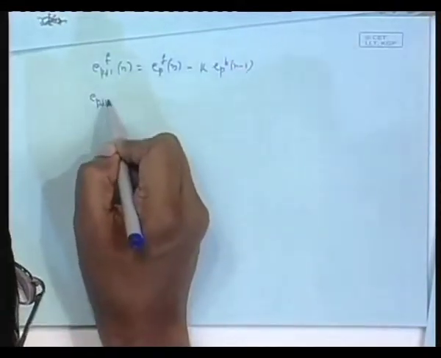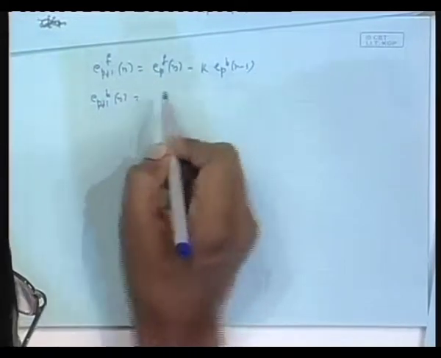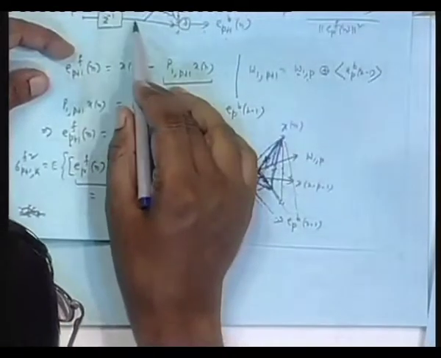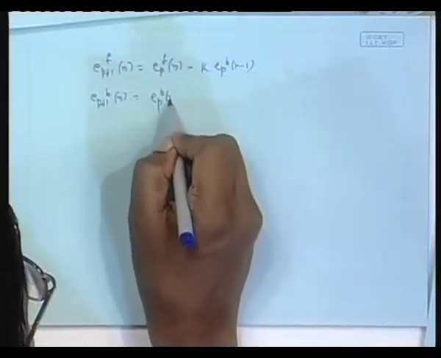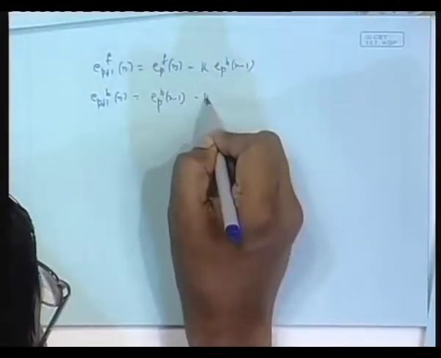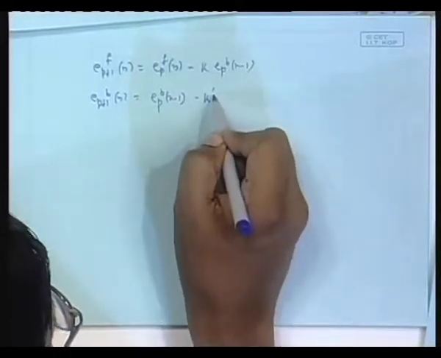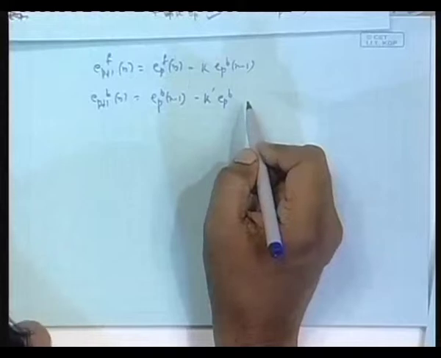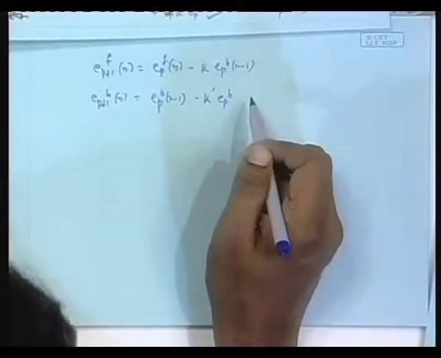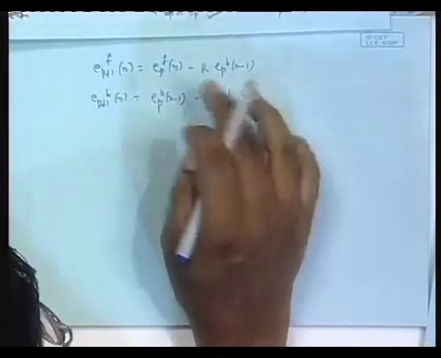Similarly, if I do it for the lower half, that is this guy minus a general k times this, say some k prime, or say the two k's are defined.